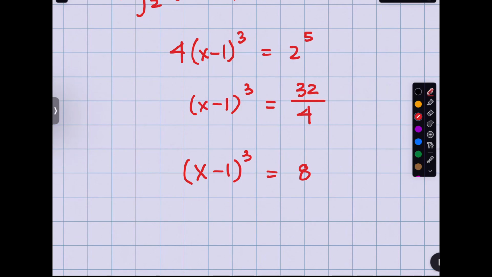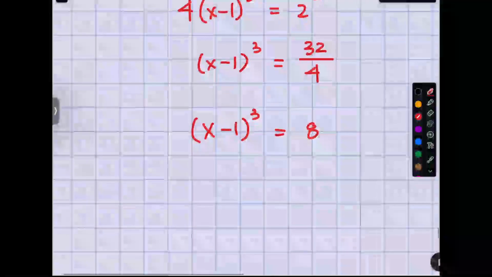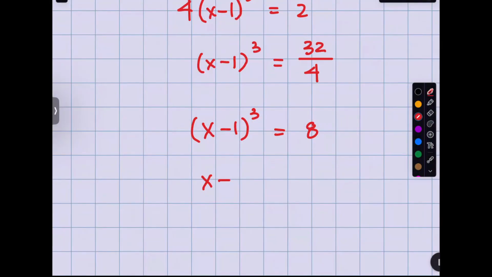It just happened that way. Do you understand what I just did? What's the opposite operation of cube? Cube root. So I took the cube root of this side.